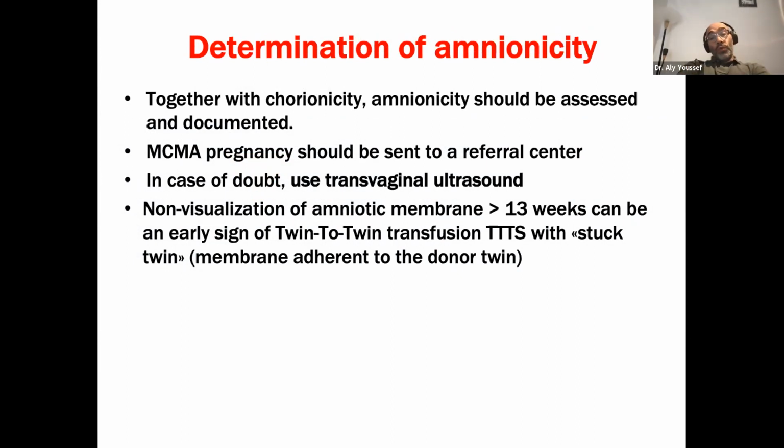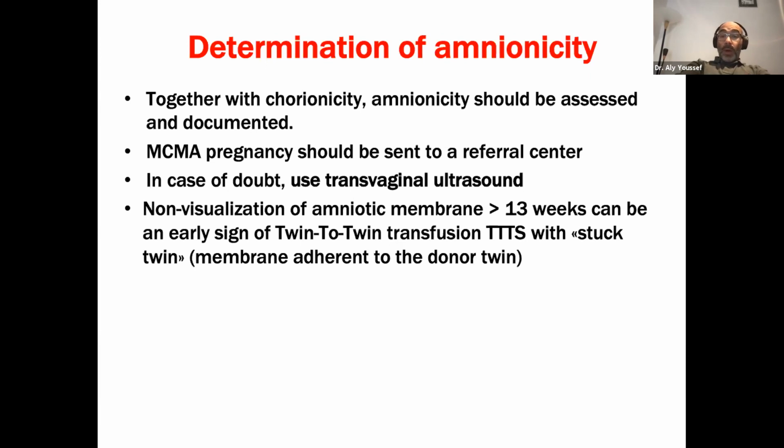Well, first use transvaginal ultrasound, because transvaginal ultrasound often increases the accuracy of the visualization of the membrane. If you cannot see the membrane, however, you have to refer the patient to a referral center, and it's very important to determine both chorionicity and amnionicity before 13 weeks.